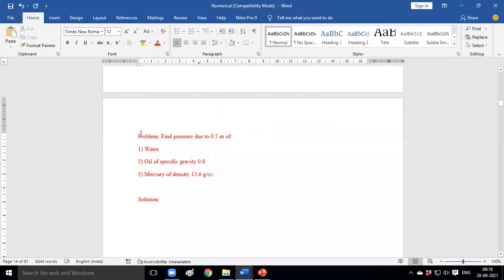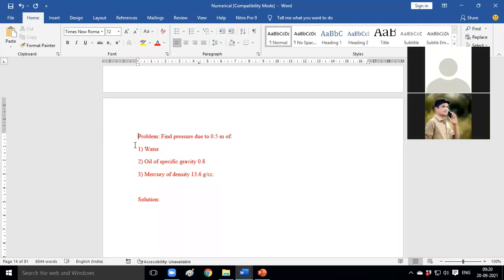Is this screen visible? Yes, sir. This type of numerical is based on hydrostatic pressure, because we have to find the pressure in terms of height.